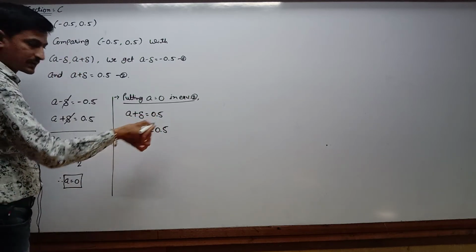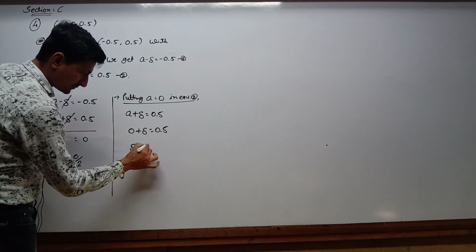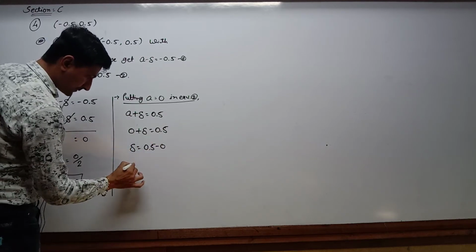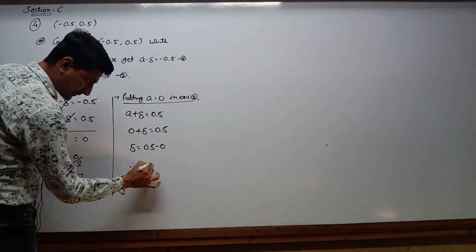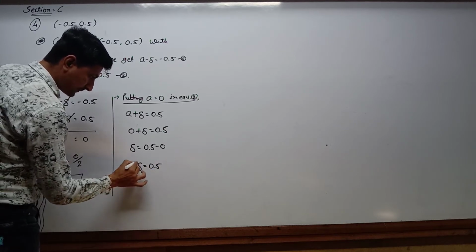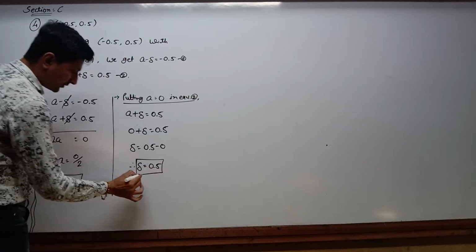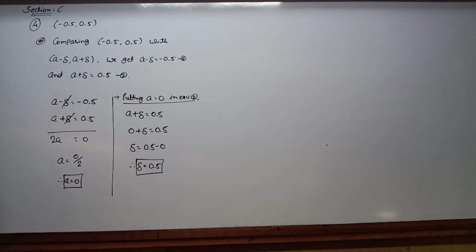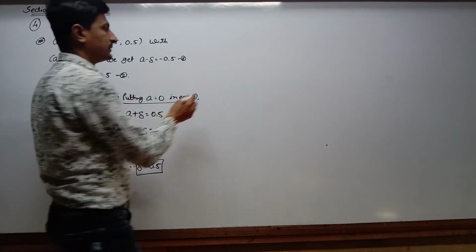Transferring 0 to the other side, there is no change: 0.5 minus 0, therefore the value of delta is equal to 0.5. Okay, both values found, a and delta. Now next, find the modulus form.